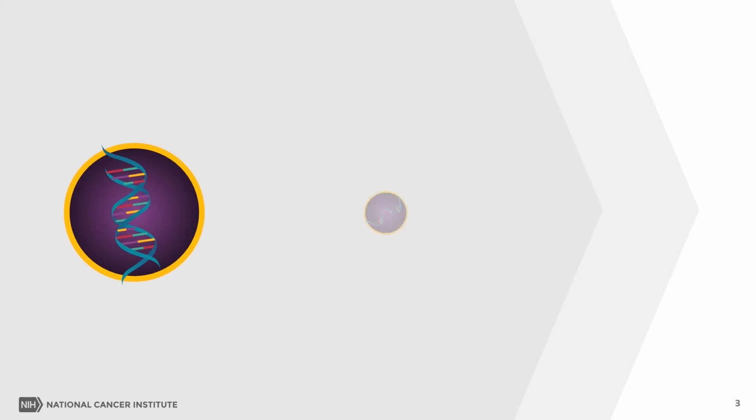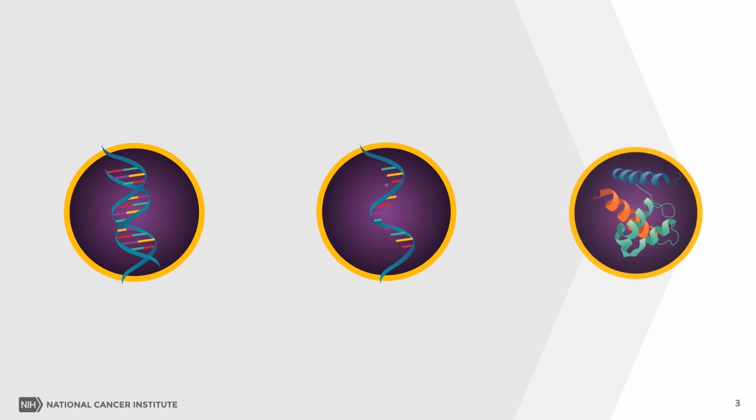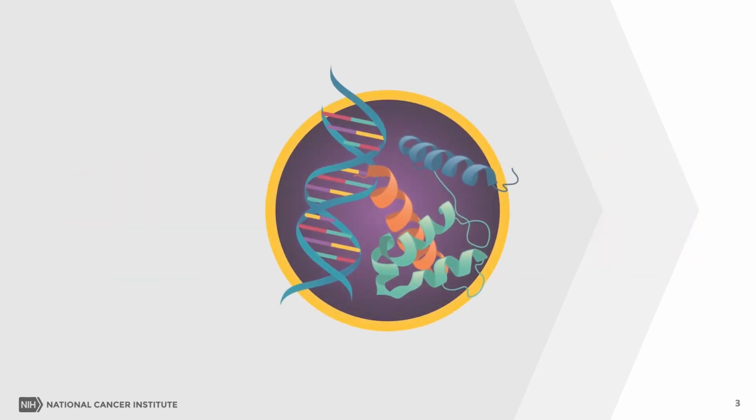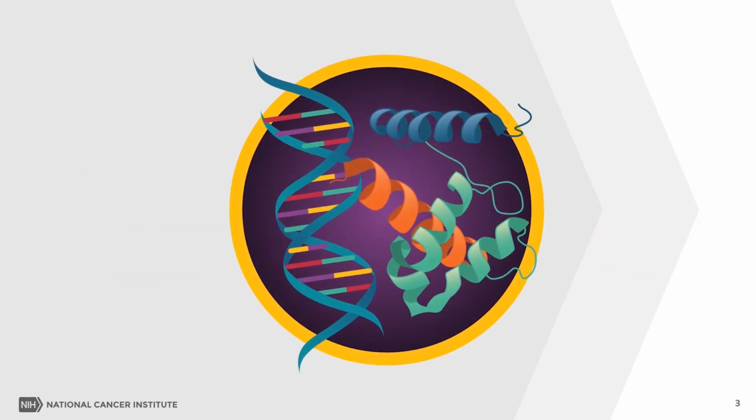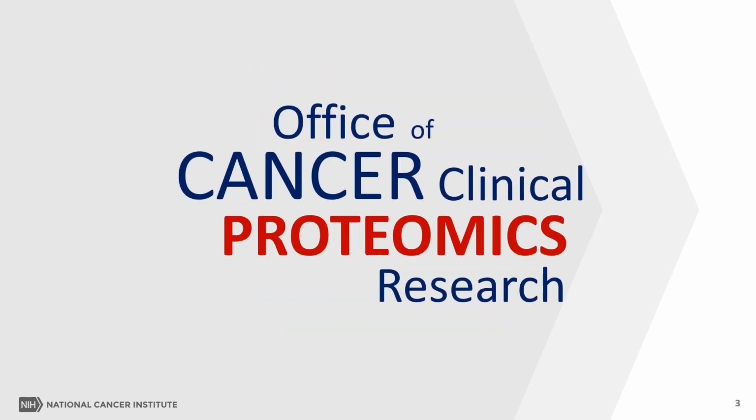Through the integration of genomics and transcriptomics with proteomics, also known as comprehensive proteogenomics, OCCPR's aim is to advance basic, translational, and clinical research through OCCPR-supported programs. This webinar series hopes to educate you on all the resources OCCPR and its researchers have to offer.